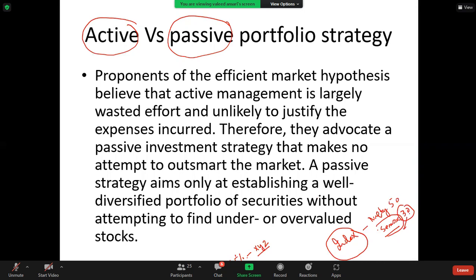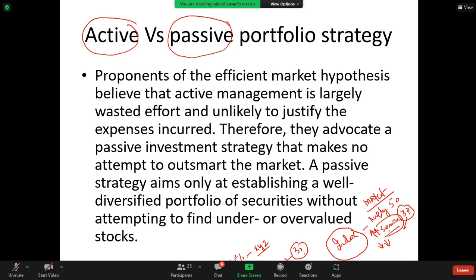The performance of this portfolio will move in line with the movement of the market, which is the indicator of where the market is going. Instead of actively selecting 30 securities and forming a portfolio, passive investing has been advocated because it is cheaper and not very costly to maintain.